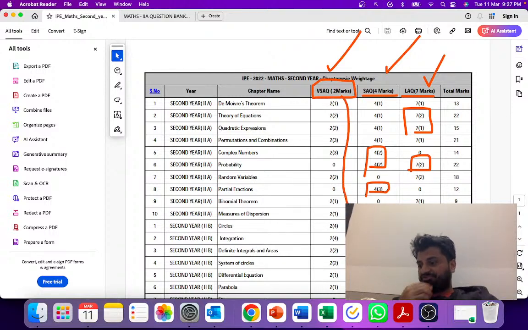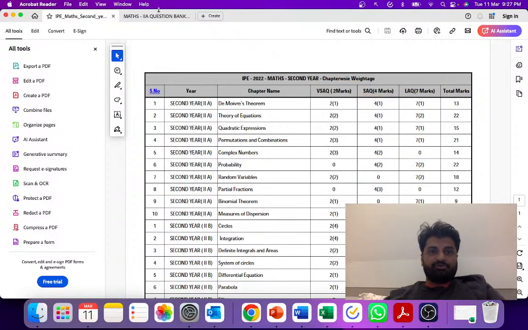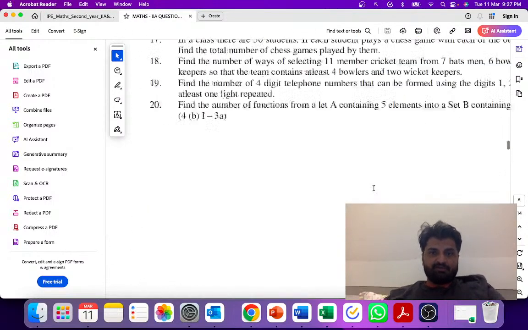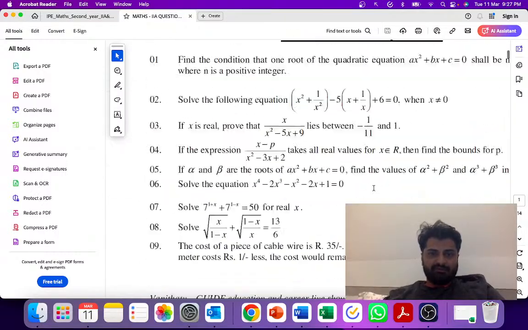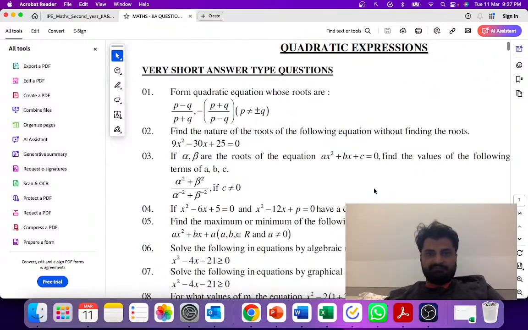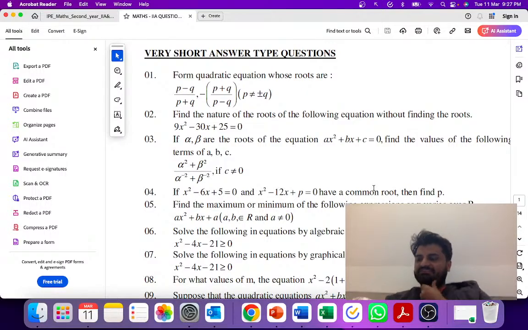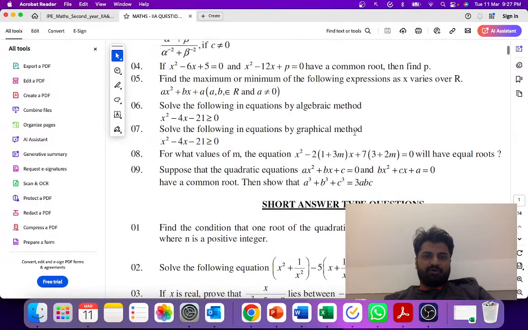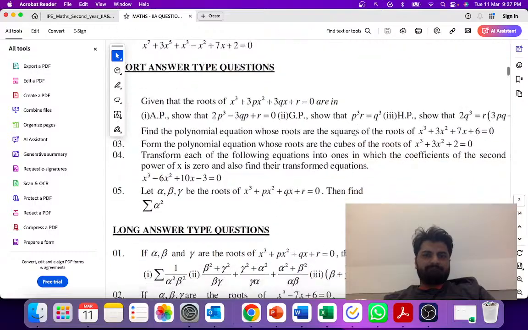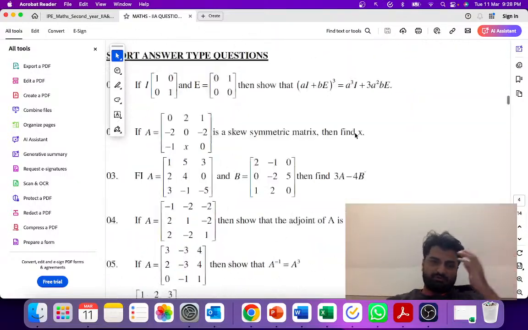Very short answer as usual, all types of models you need to be thorough. Once again I'm showing you the type of questions which are there. Revise each model, and I will put this in the community and in the chat, so you can form your strategy for tomorrow's exam.